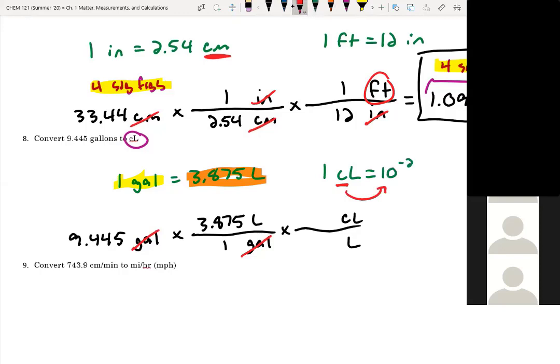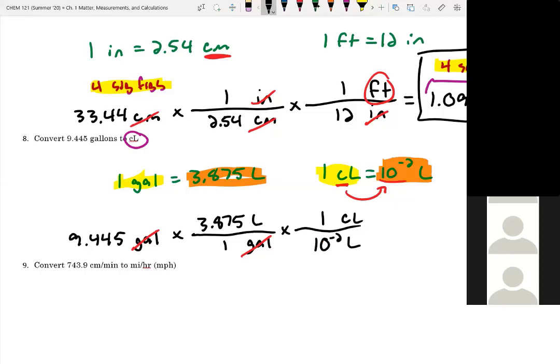So these are equivalent to one another. So we can go ahead and say 1 centiliter equals 10 to the negative 2 liters. So we want 1 to be paired with the centiliter unit. And then we want 10 to the negative 2 to be paired with our liter unit. So we'll go ahead and put that in down here.